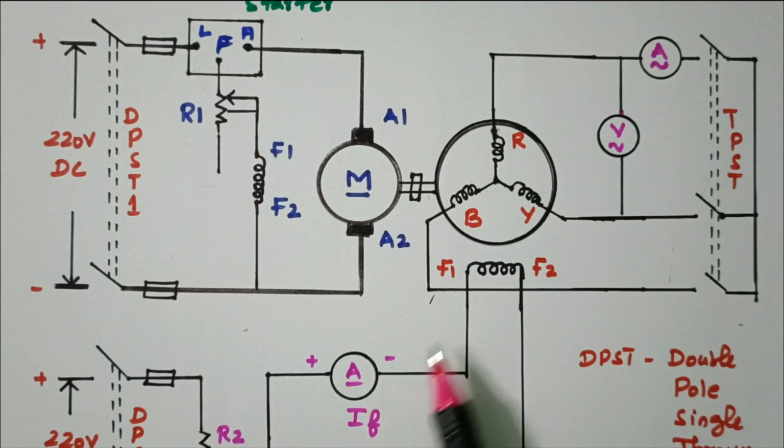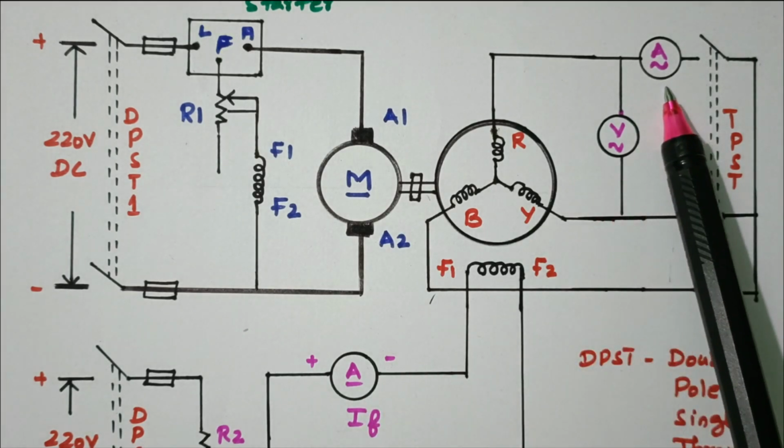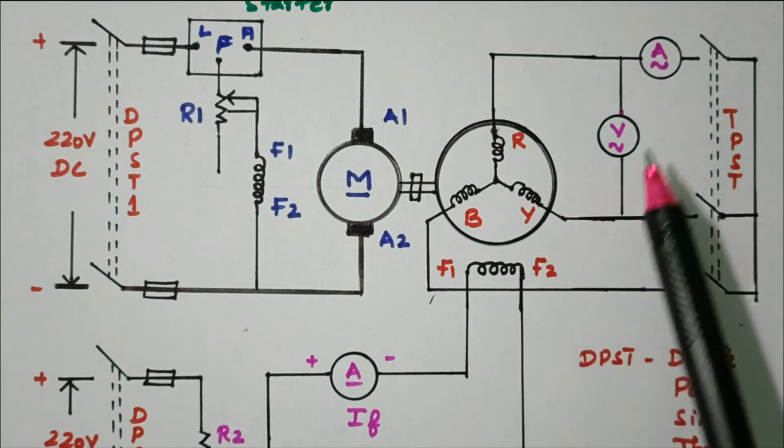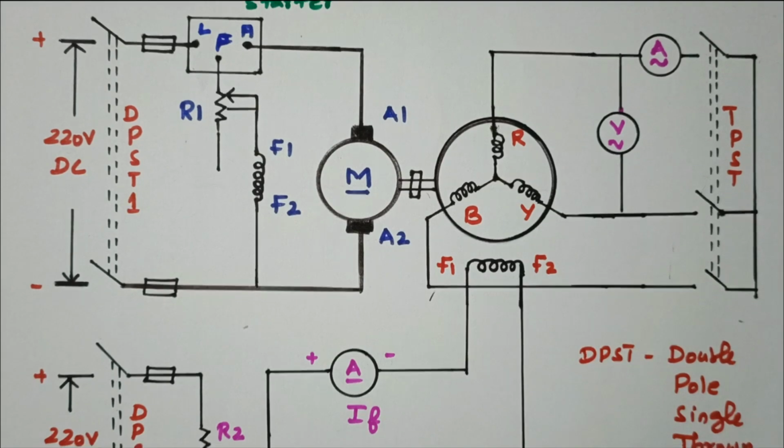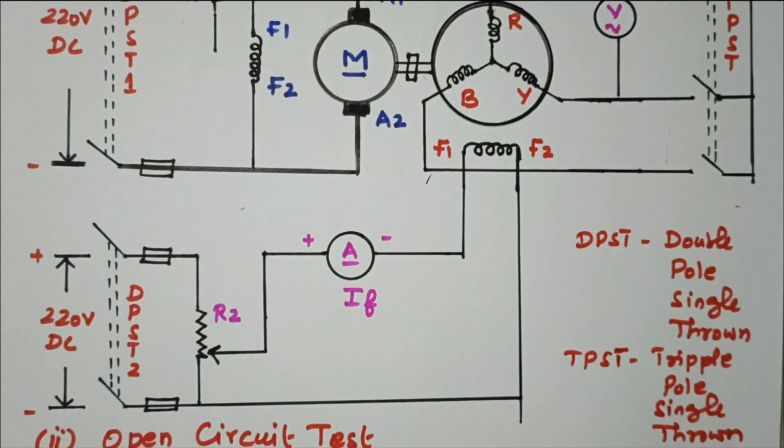This field current as well as this armature current. For every variation in the field current, the armature current is noted. This is nothing but the armature current for short circuit, IASC. So IF and IASC are noted and tabulated in the tabular column. In this short circuit test, after performing the open circuit test, rheostat R2 is brought to the original position.